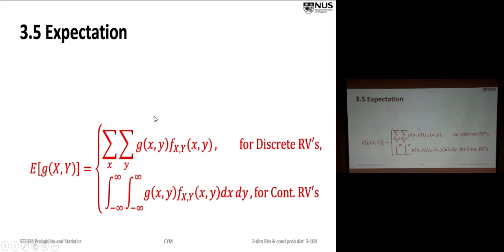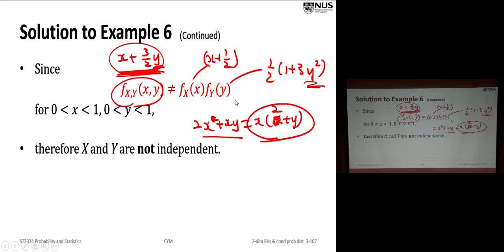So what I'm trying to say is that you try to look at whether you can factorize your joint distribution. All right? Okay, so now we have covered joint distribution, marginal distribution, and conditional distribution, and for conditional distribution, we can look at whether the random variables are independent or not. So in other words, for independence, x, y are independent.